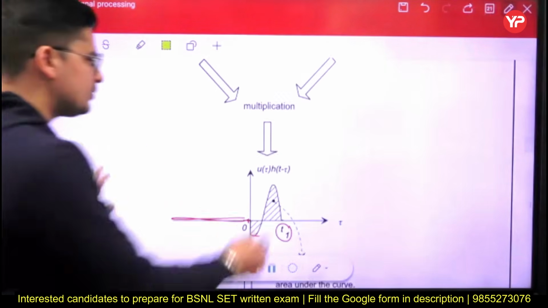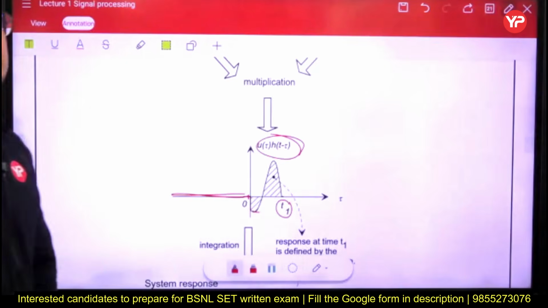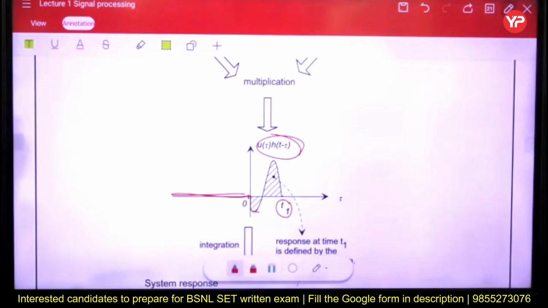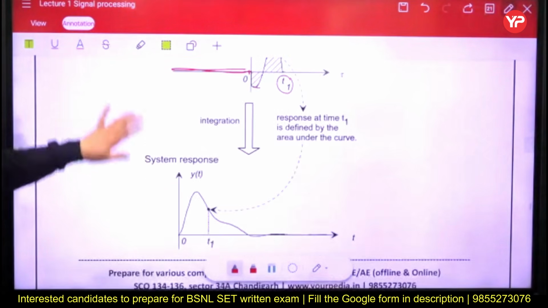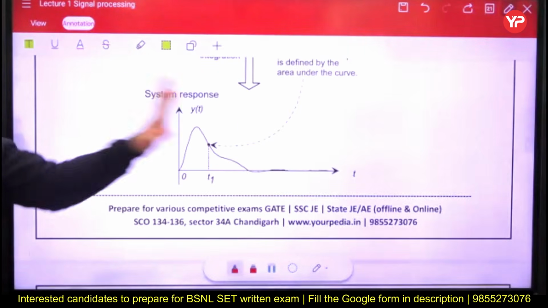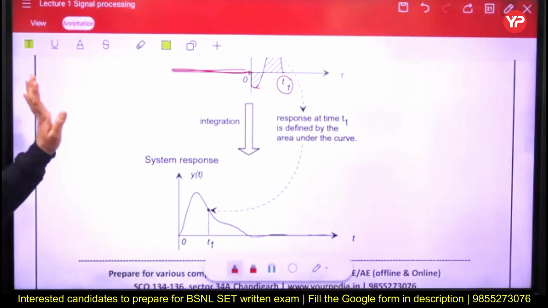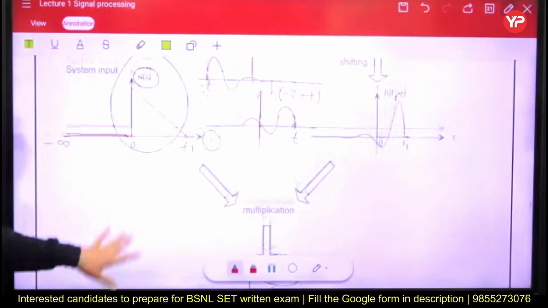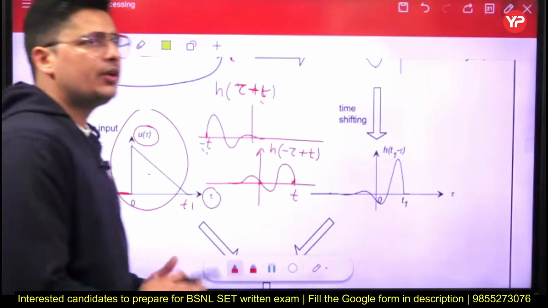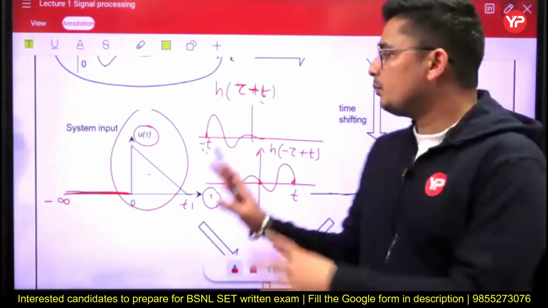Now after this multiplication, we have to integrate. Integrate means we take the area under the curve. This will be your output. There is no need to go into that much depth on how we multiply and calculate them. Just understand the basic procedure.